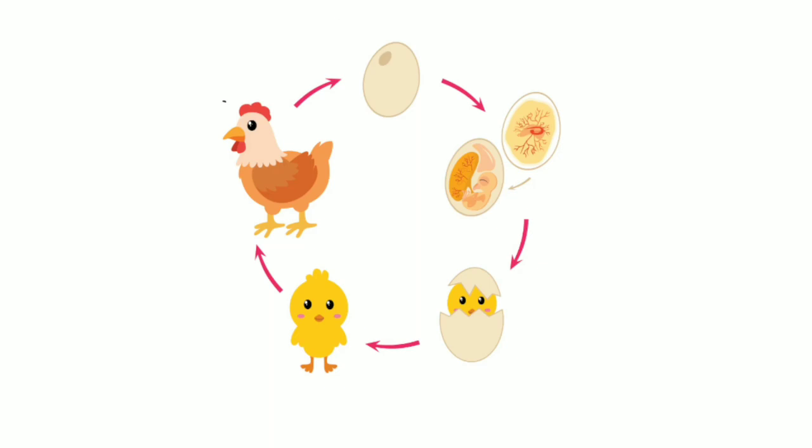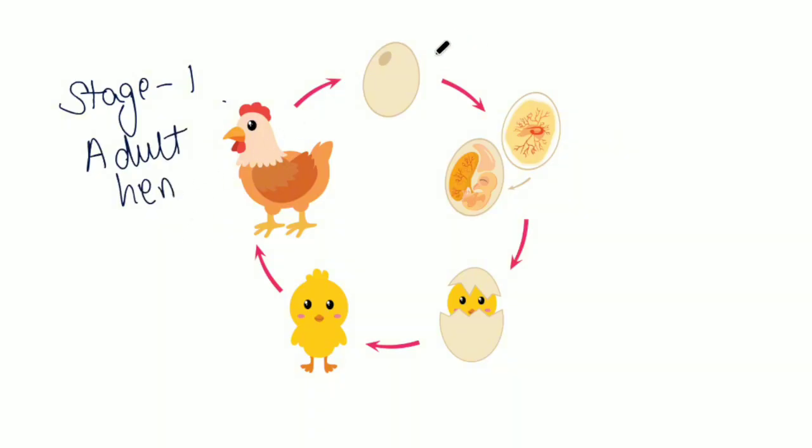So I'll write it down here: stage 1, stage 2, stage 3 and stage 4. Stage 1 is the adult hen. Then stage 2: the laid egg, inside which a tiny baby chick is growing.